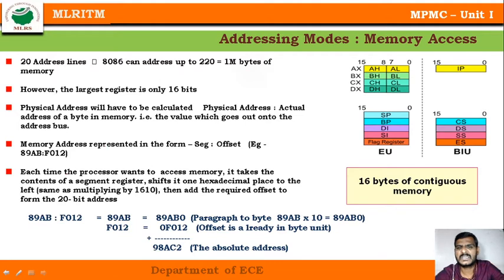This offset address may be in an offset register such as the source index or destination index register, or sometimes the BX register can also act as a base register and hold this offset address. So 89AB is multiplied by 10, giving 89AB0, which is added with F012, and I got 98AC2. This is the actual address where the 16-bit or 8-bit data is going to be stored.